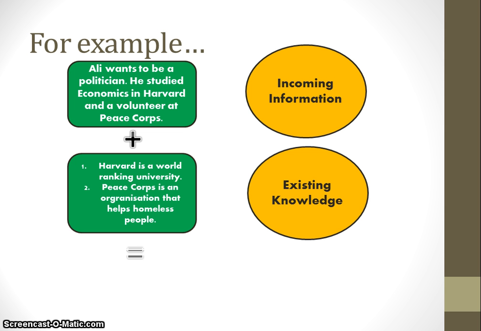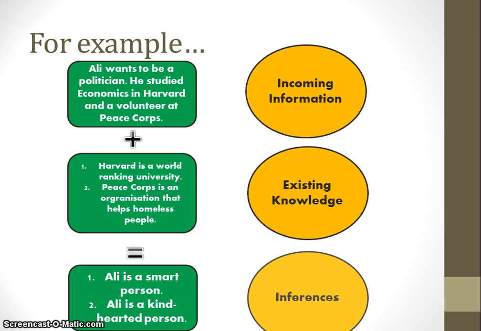And what can you infer? These are my inferences. Number one, Ali is a smart person. Number two, Ali is a kind-hearted person. I am making this inference based on the existing knowledge that I have, plus the incoming information that I receive about Ali. So this is a very good example.